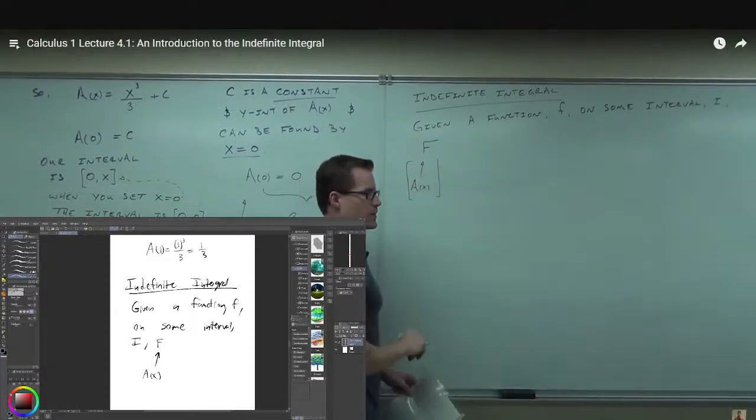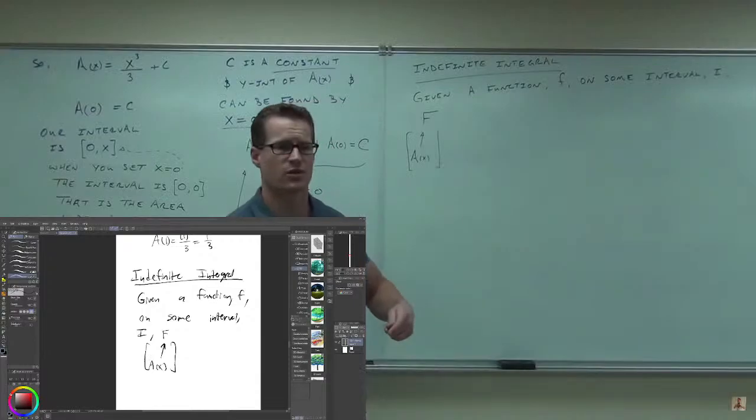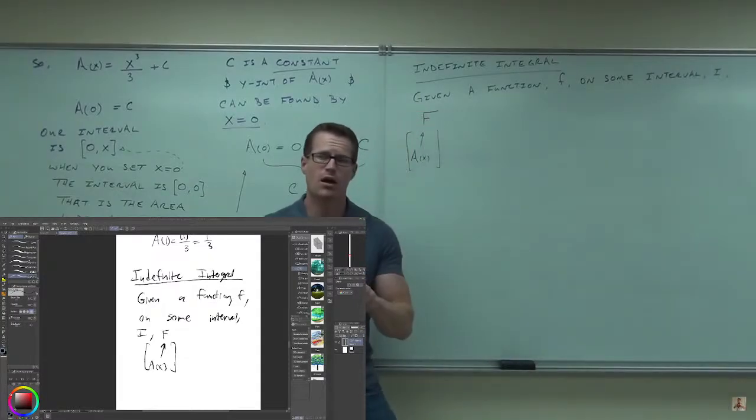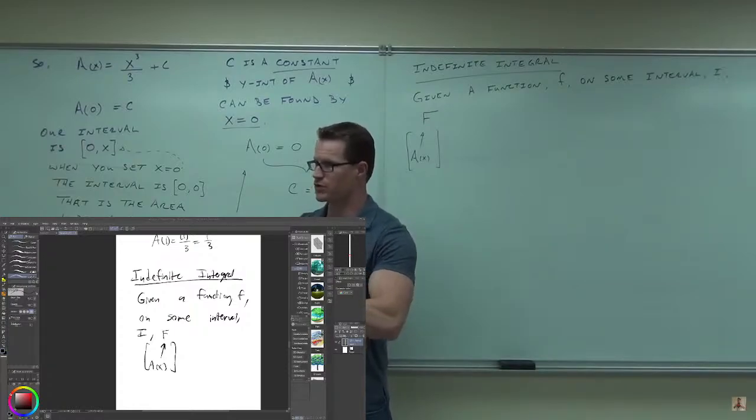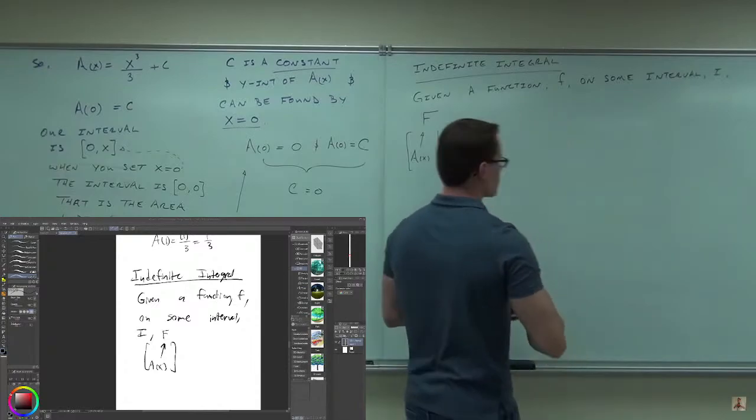In general, we call the antiderivative just the capital letter of whatever the function is. So if we have a function f, the antiderivative is capital F. That's all we're saying here. It will stand ultimately for the area function of your curve. Do you follow me on that? That's what it'll stand for.